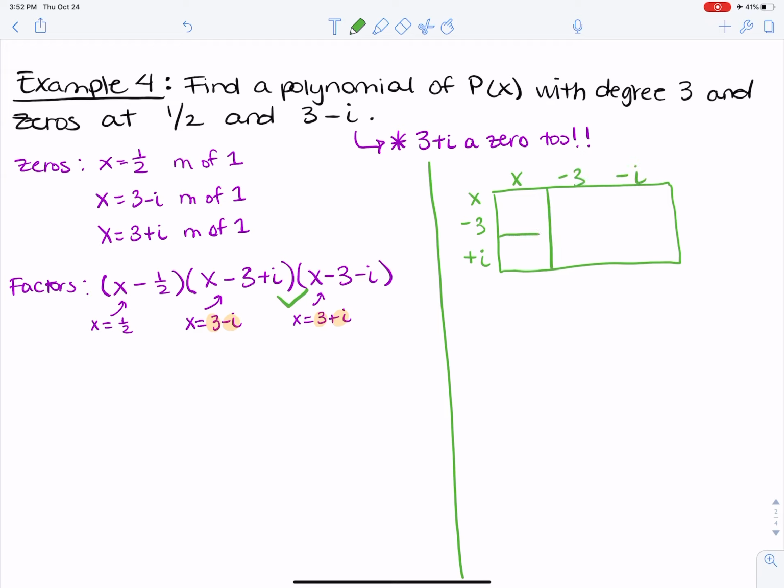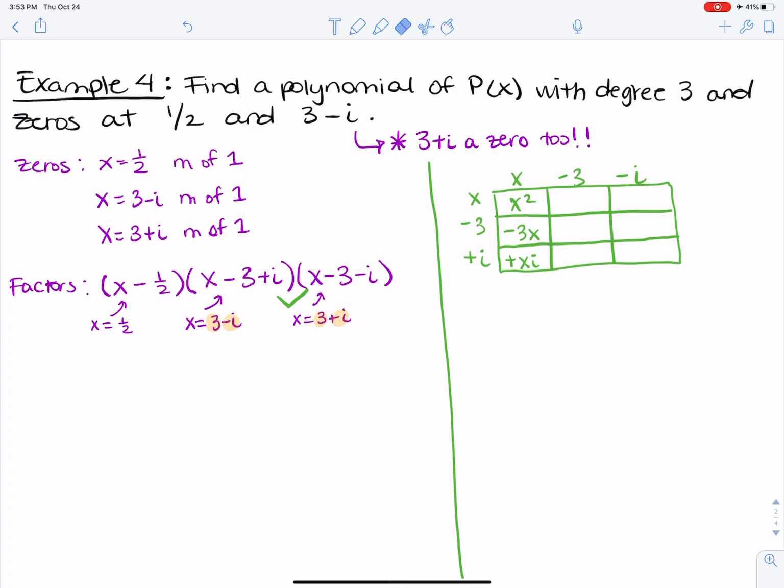Now again, it doesn't matter where you put what. If you put what I put on the side on the top, that's totally fine. All right, now let's multiply. x times x, x squared, negative 3x, just going straight down. And then xi or ix, it really does not matter. There's no square root.